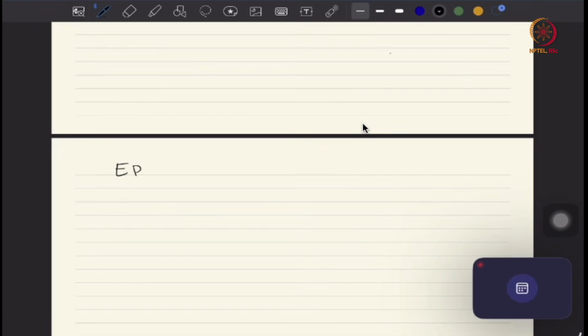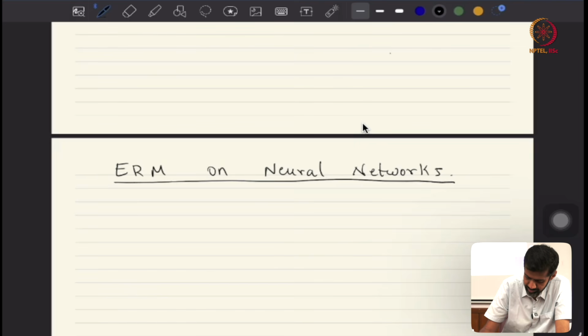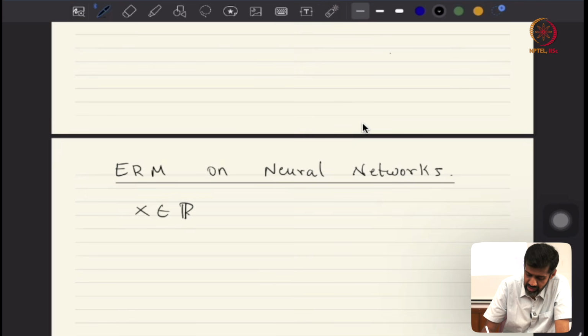Okay, welcome everyone. Let's look at ERM on neural networks. So we start with x in R^d and y in some R^k, make it R also.